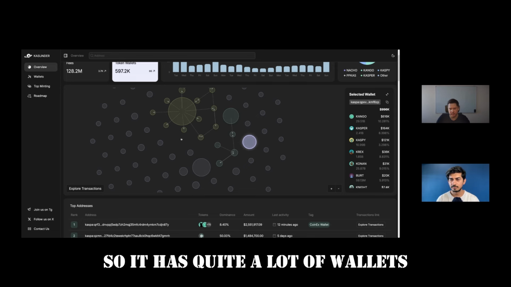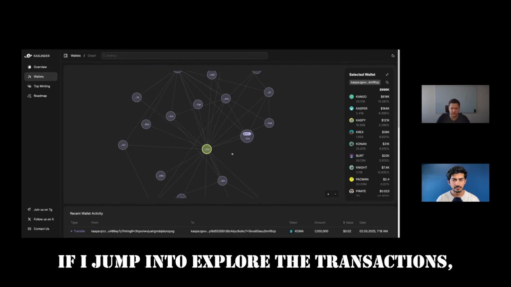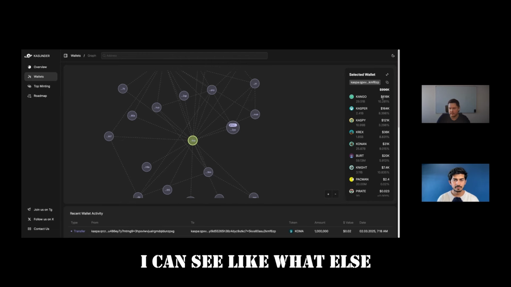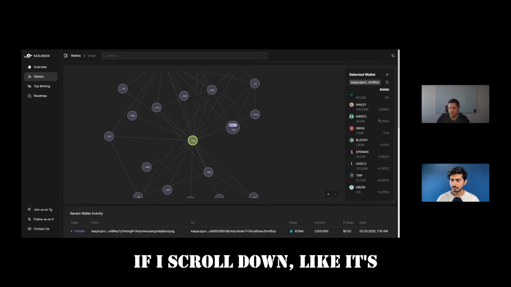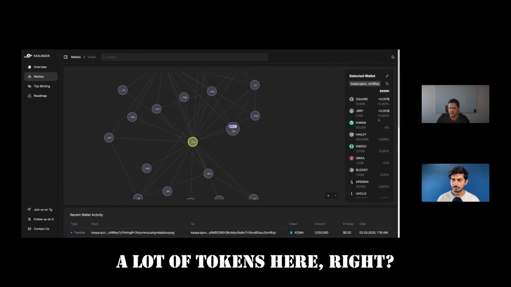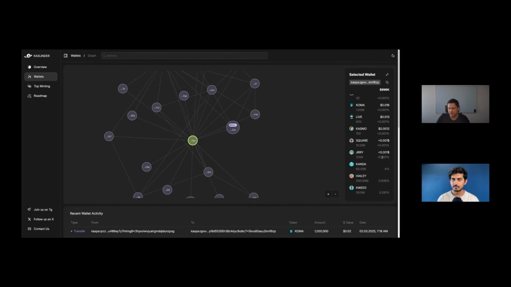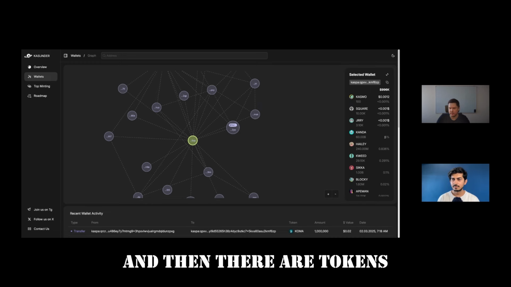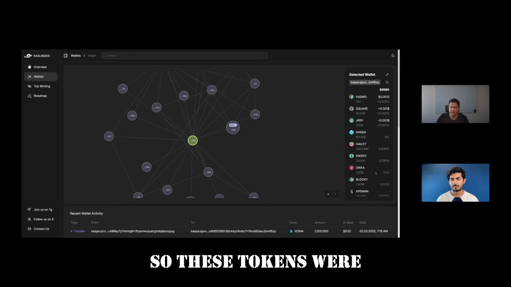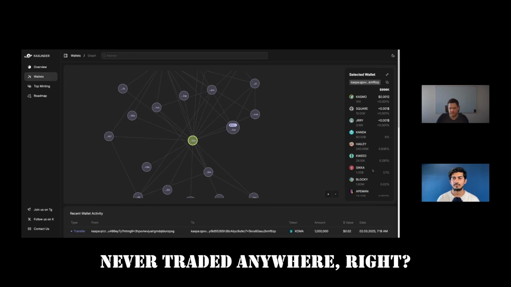If I jump into explore the transactions, I can see what else people can pay attention to. If I scroll down, there are a lot of tokens here, right? But at some point, the tokens that have some market cap end, and then there are tokens that do not have a market cap. So these tokens were never traded anywhere, right?